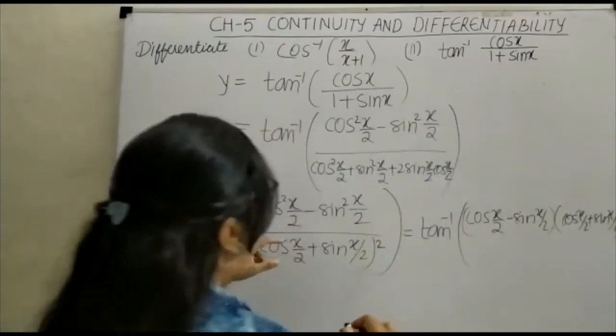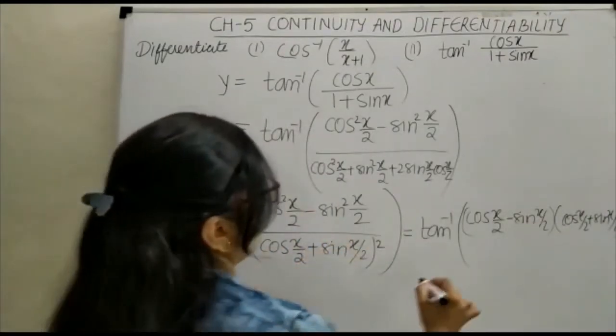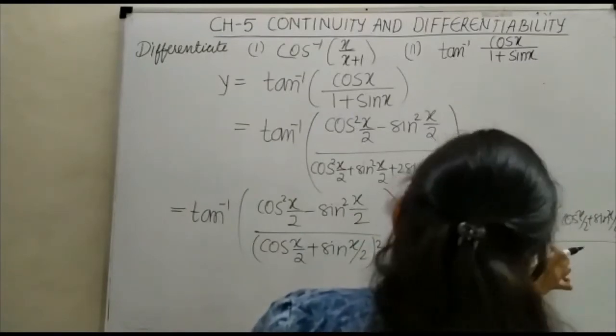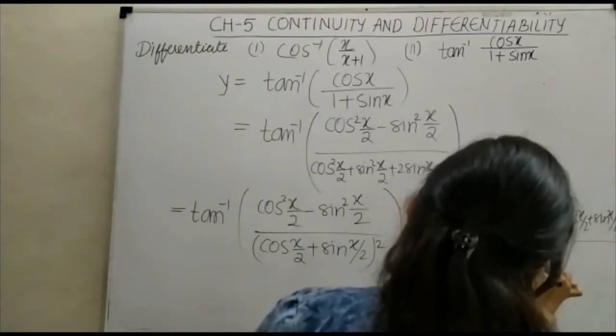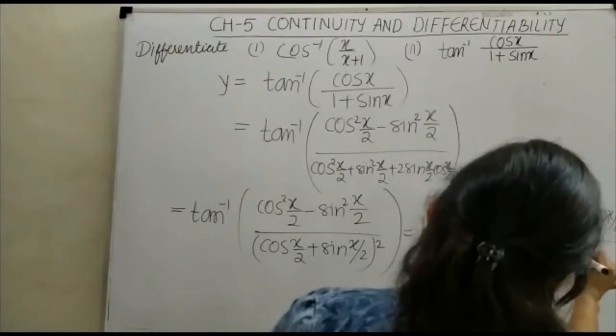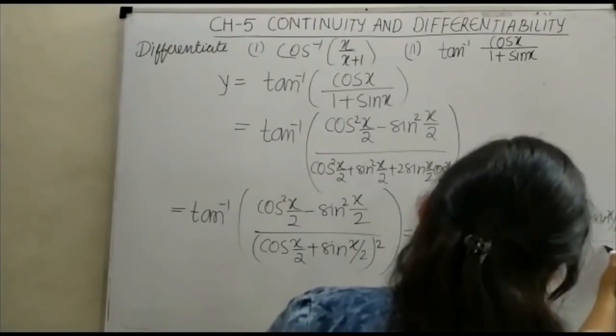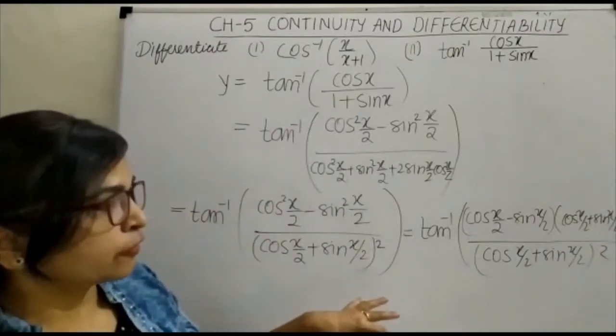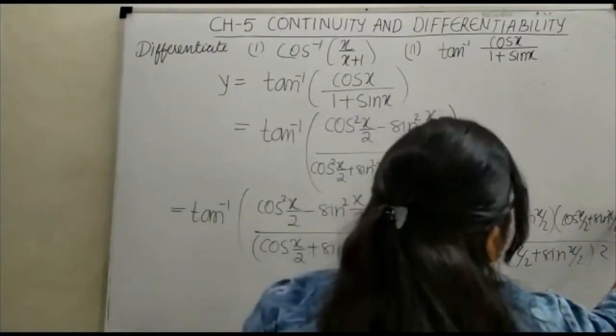This is by the a square minus b square formula, upon cos x upon 2 plus sin x upon 2 the whole square. You can see that one term from numerator and one term from the denominator will be cancelled.